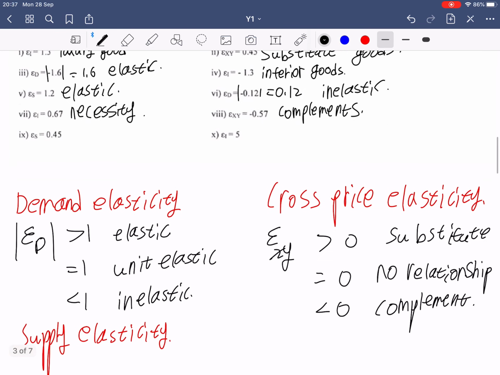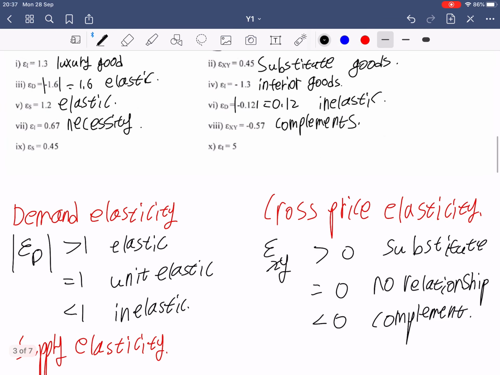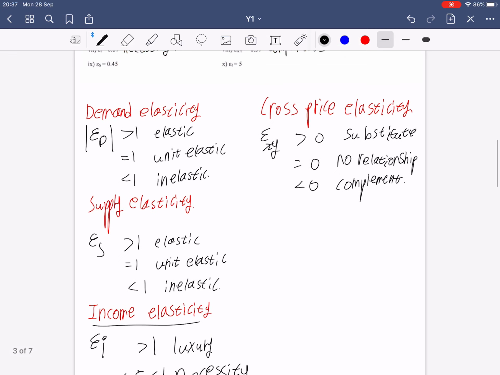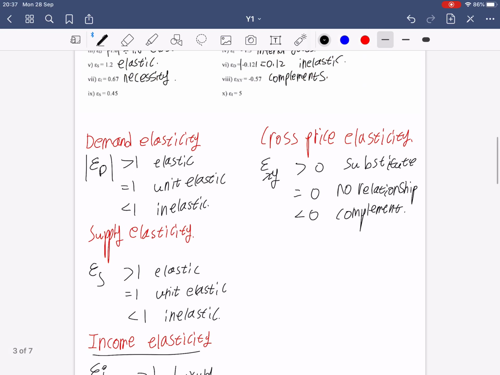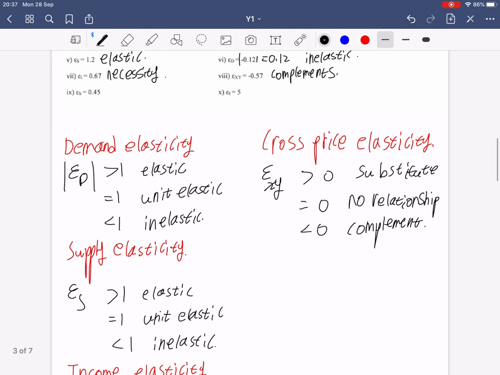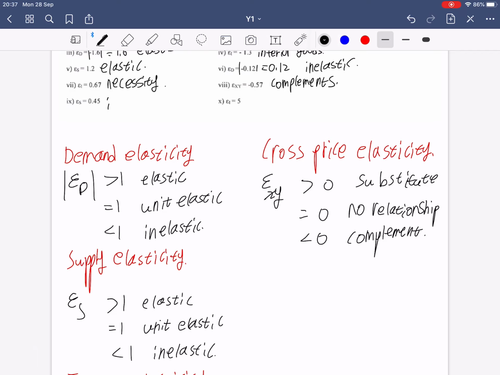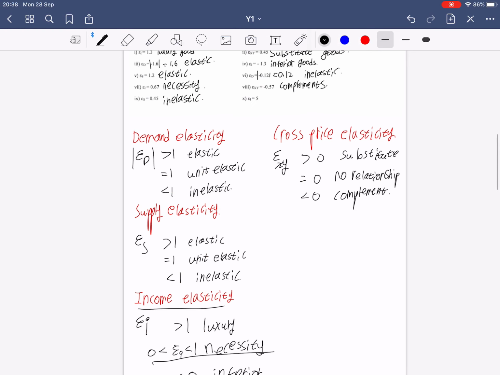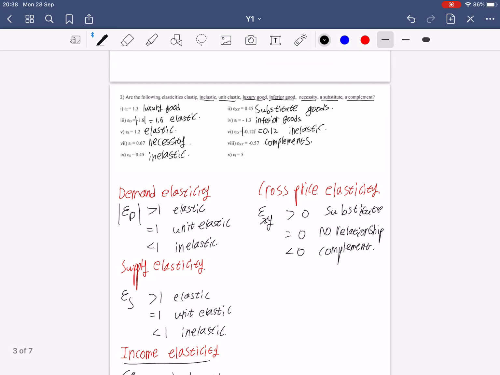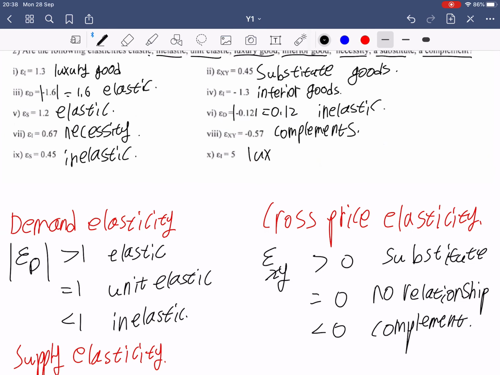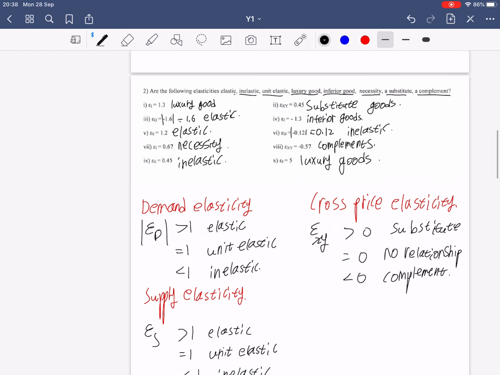And then ES, supply elasticity, is 0.45, which is smaller than 1, so it is going to be inelastic. And EI, income elasticity, is greater than 1, so it must be luxury goods. Okay.